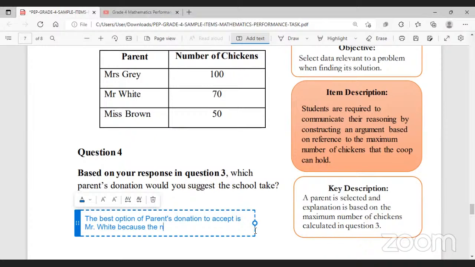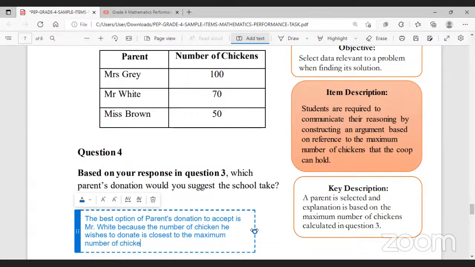the number of chickens he wishes to donate is closest to the maximum number of chickens that the coop can hold.